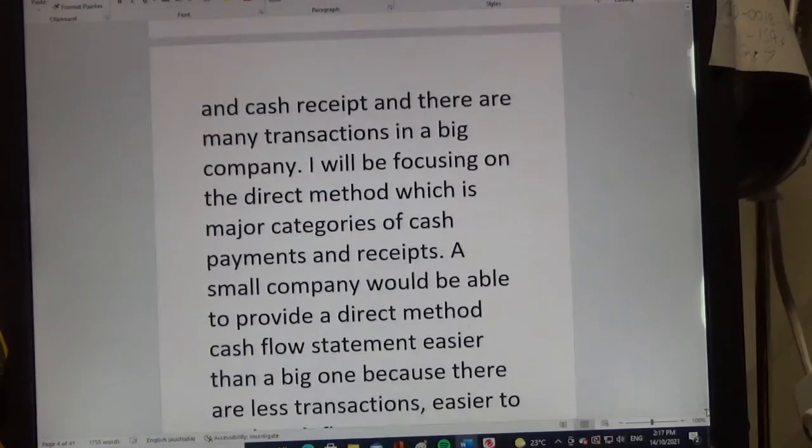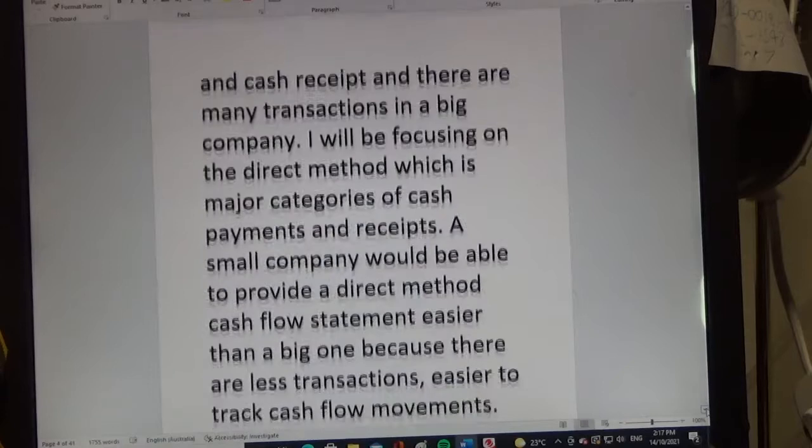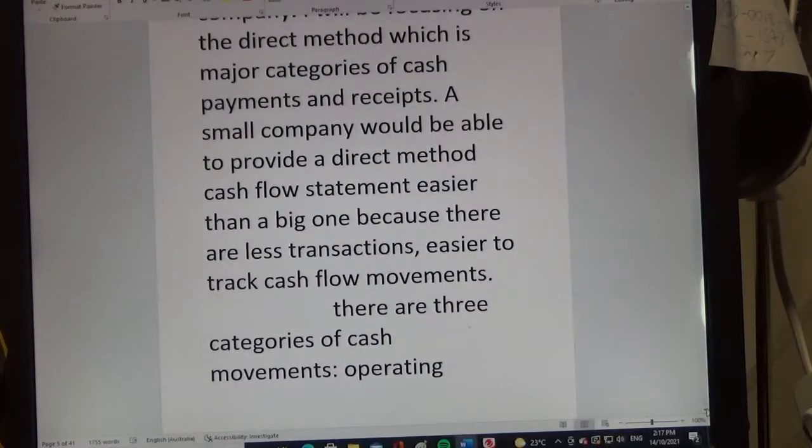But I'll be focusing on the direct method, and the direct method would suit a small company too, who could more easily track cash movements, receipts and payments than a big company.